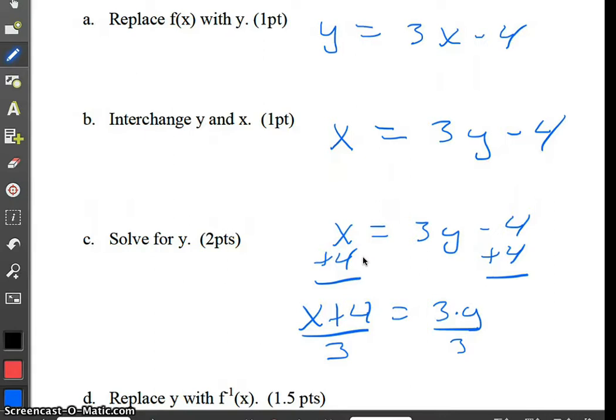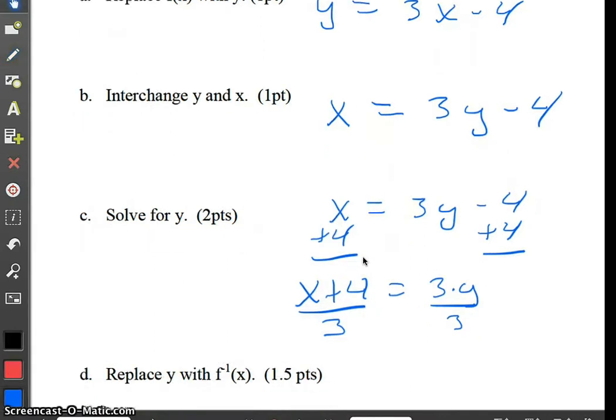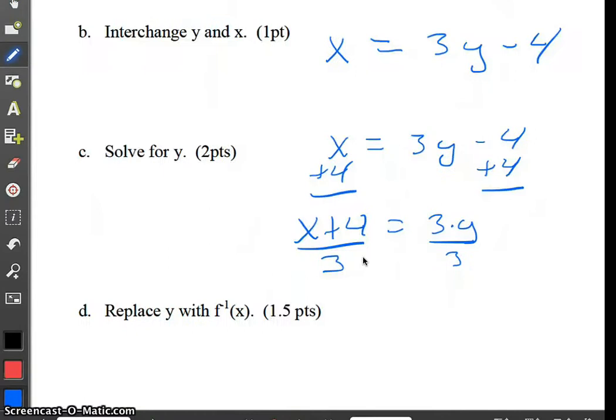Now let's flip this around a little bit. If I flip this around, it's going to be y is equal to, and I'm going to go ahead and distribute this 3 into the x and the 3 into the 4. Now remember, there is a 1 right here. So it's going to be 1x over 3, or 1/3 x, plus 4/3.